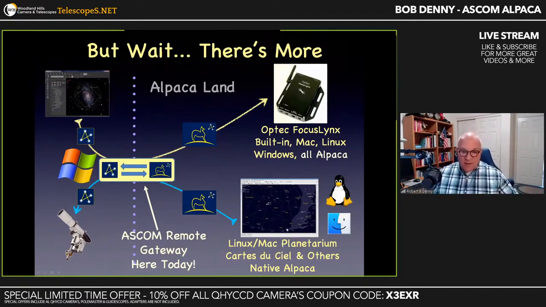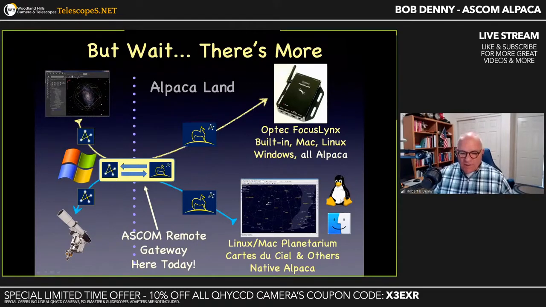But there is the possibility of using Carte du Ciel and other planetariums, Hello Northern Sky, and one other that run on Linux and Mac, that already speak Alpaca and can talk through this gateway that exists today and talk to a Windows controlled mount, such as an Astrophysics with APCC, or just their basic ASCOM driver, or the Gemini with the Gemini driver. And so it's on its way, basically.